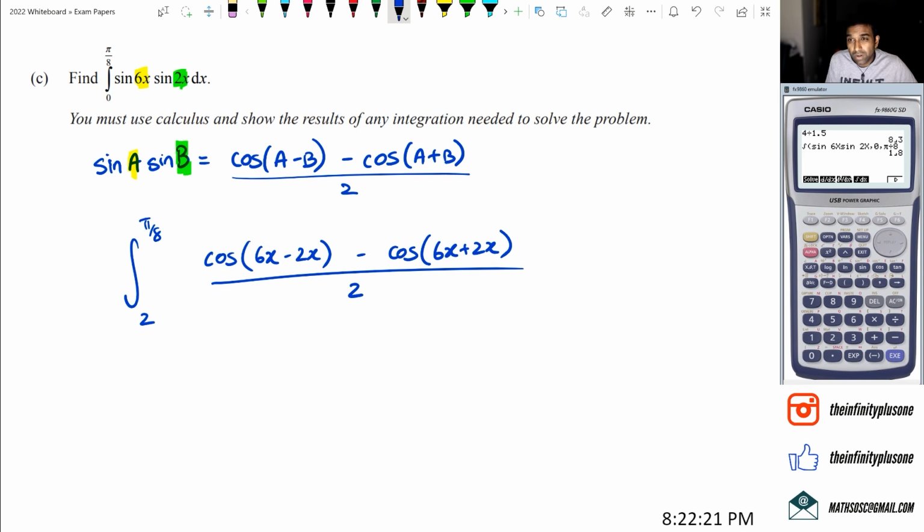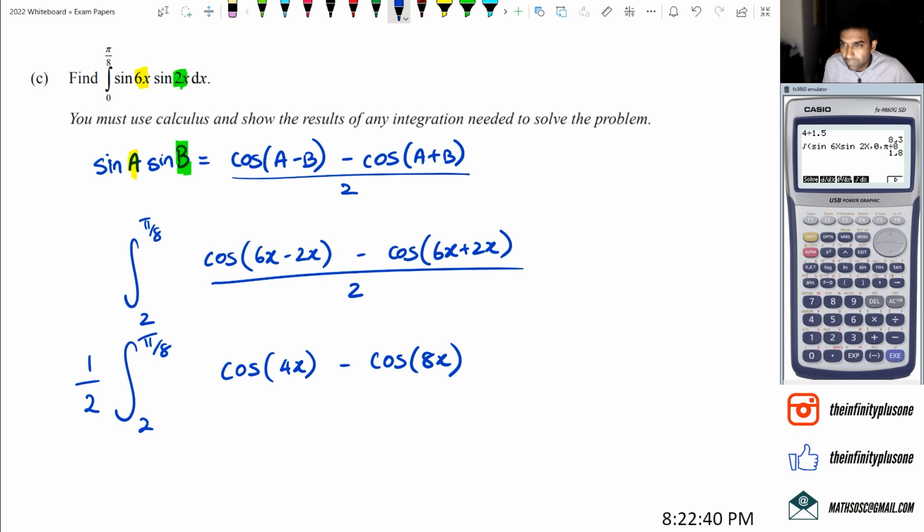Now, because it's being divided by 2, I can take that half out of the integral, similar to a common factor, kind of like a bracket. So I'm going to take that half out and I'm left with just cos 4x minus cos 8x.